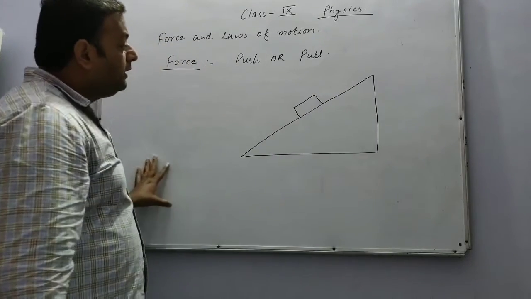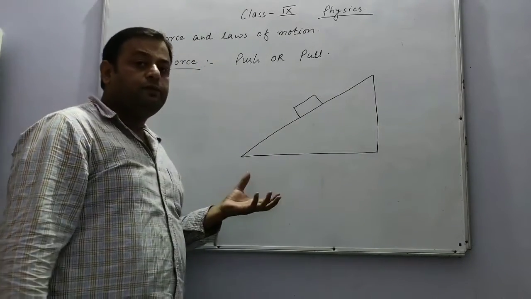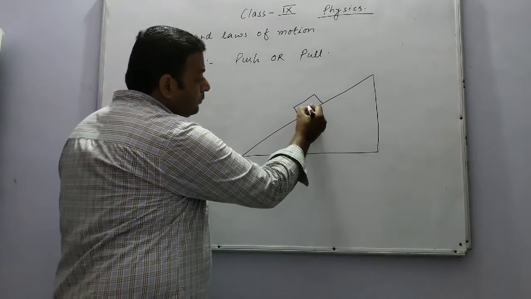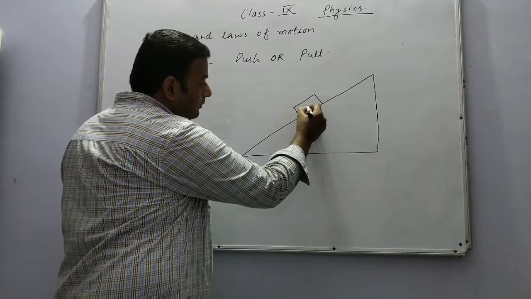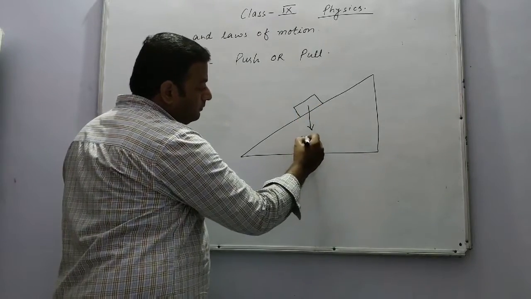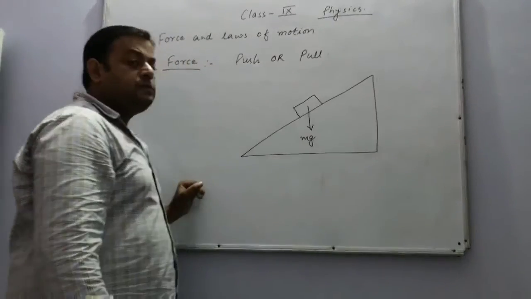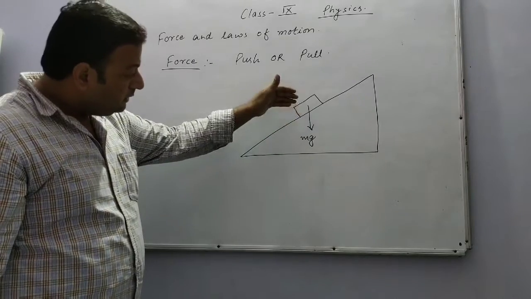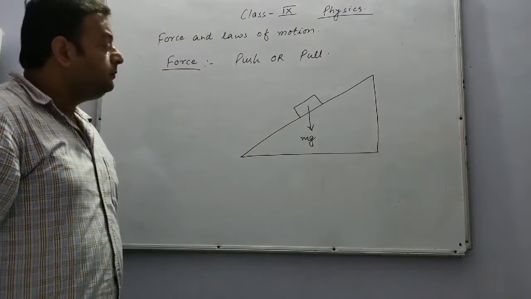Now, in the case of an inclined plane, what are the different forces acting on this object? The very first force is the weight of the object, which is mg. The weight of the object always acts in the vertically downward direction.